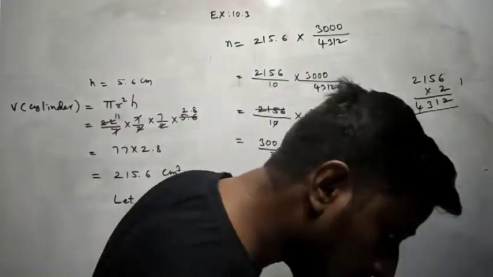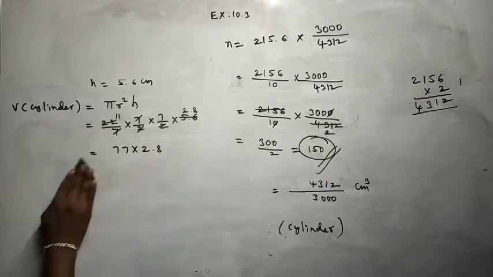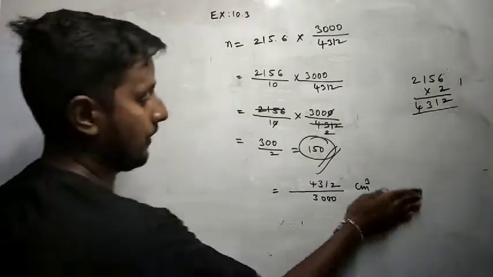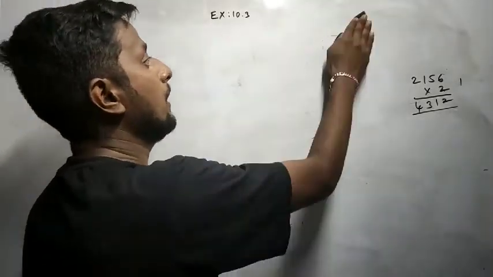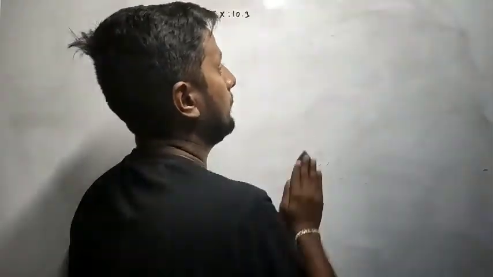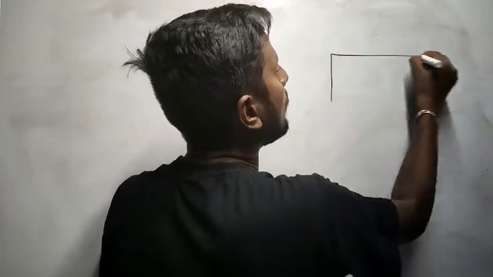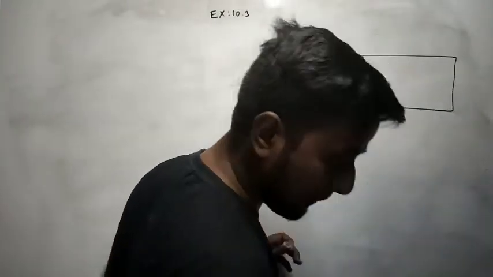Then we'll go with the seventh problem. What is problem number 7? There is a cuboid box, I think it's a pen holder, a pen stand.